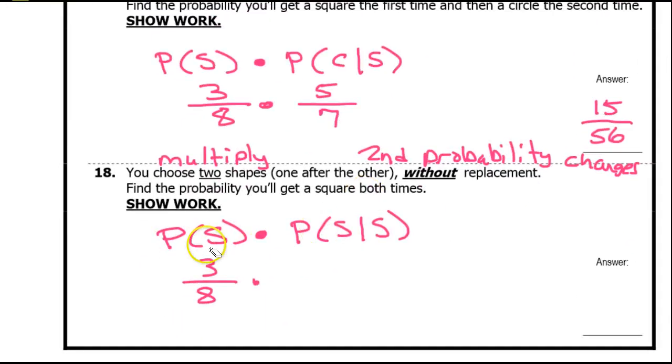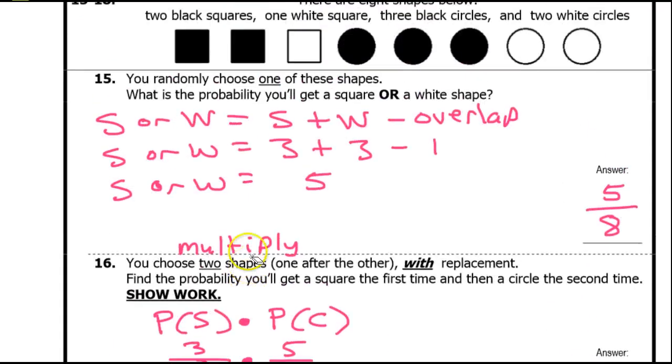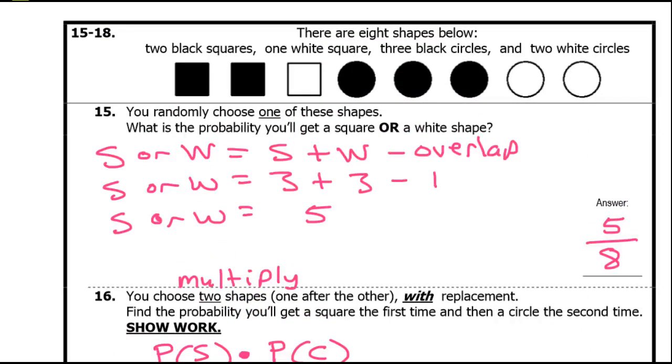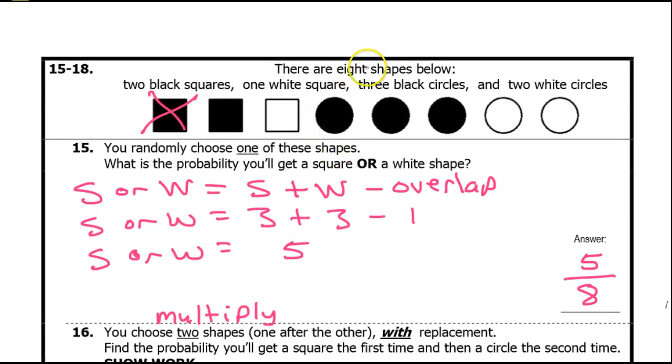Alright, so now we've picked a square, but we're not putting it back. So that's going to change the total number of shapes, which will now be 7. But be careful, because that also changes the total number of squares. We don't have 3 squares anymore because this first one is gone.